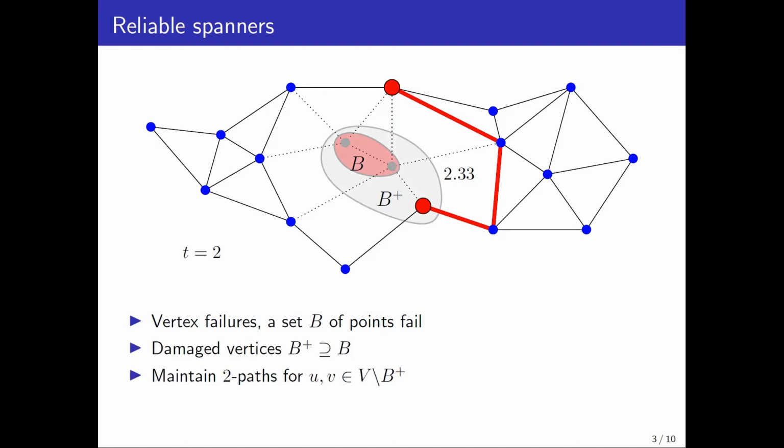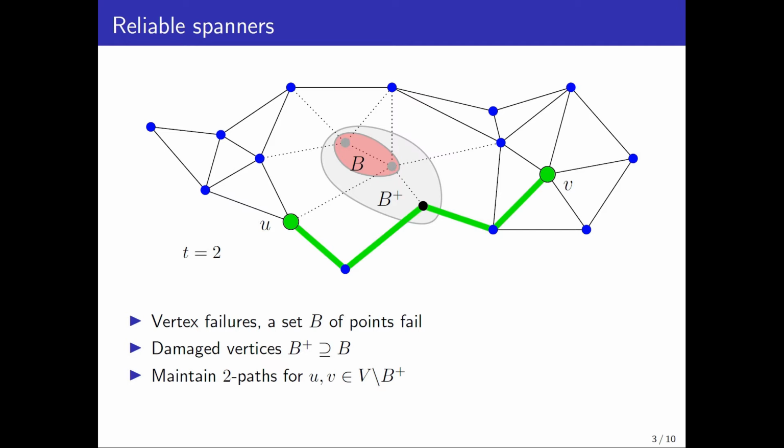Well, the trick here is to introduce set B+, the so-called damage set, which is a superset of the failure set B, and we only want to maintain 2-paths for pairs of points that are outside of this damage set. So we don't need this path between the two red ones. And notice that the points that are in the damage set but not in the failed set are not deleted from the graph, so we can still use them as an intermediate vertex to maintain good connections between other points.